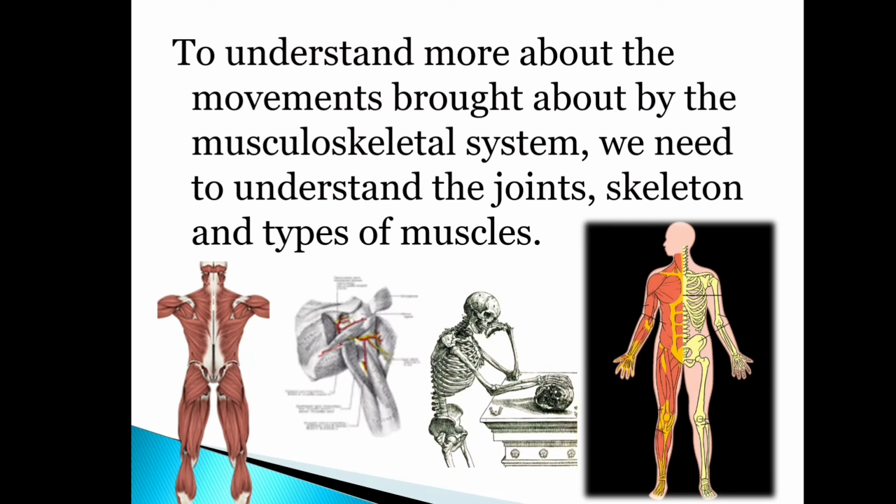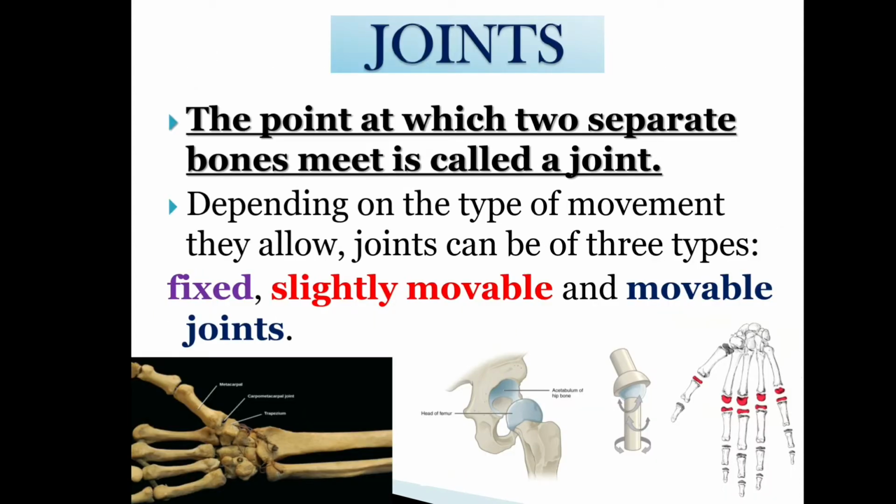To understand more about the movements brought about by the musculoskeletal system, we need to understand the joints, skeleton, and types of muscles. Joints. The point at which two separate bones meet is called a joint.